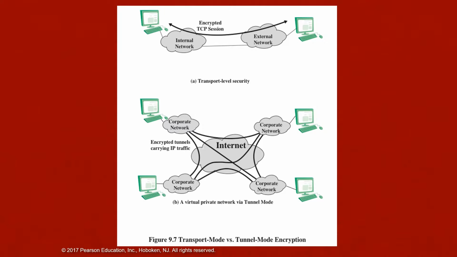Transport mode versus tunnel mode encryption. The figure shows two ways in which the IPsec ESP service can be used. In the upper part of the diagram, encryption and optionally authentication is provided directly between two hosts. The bottom part of the figure shows how tunnel mode operation can be used to set up a virtual private network. In this example, an organization has 4 private networks interconnected across the internet.